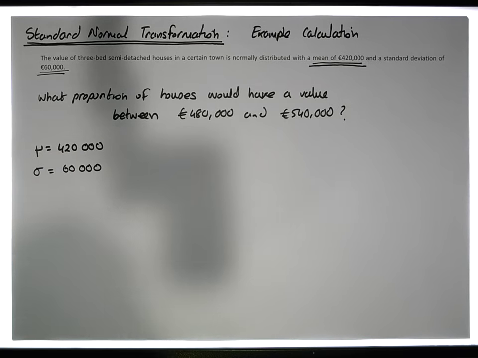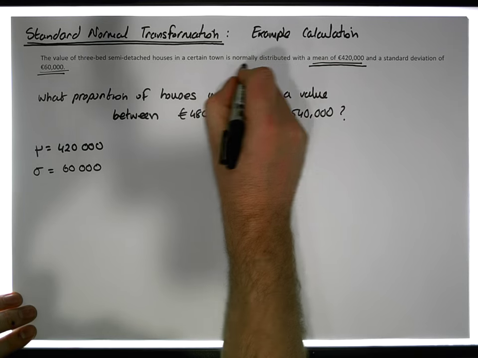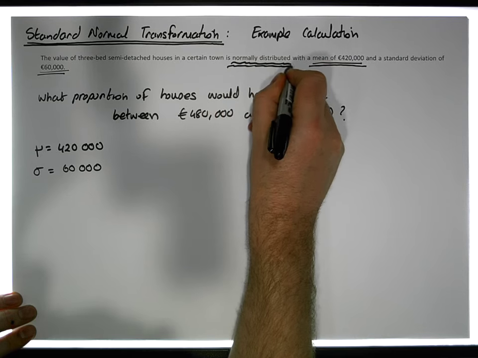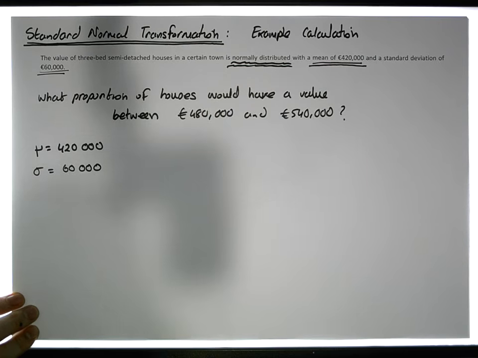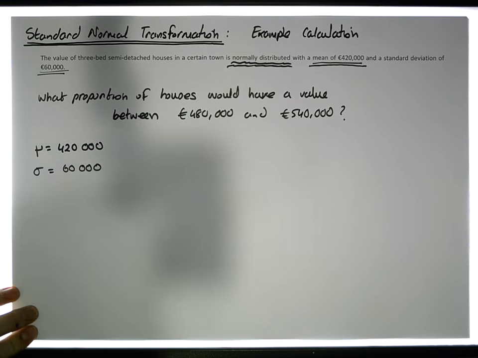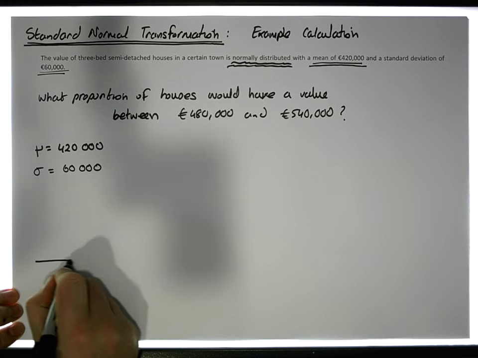We know that house prices are normally distributed, so we should plot all of our information on a normal curve that has these parameters, centered on 420,000 and with a standard deviation of €60,000. So let's draw a normal curve.